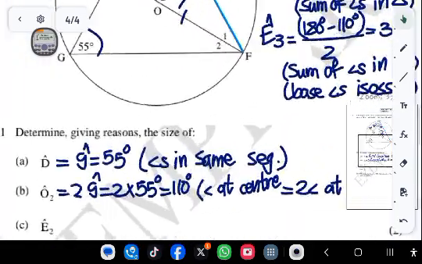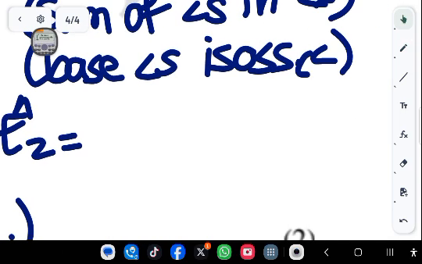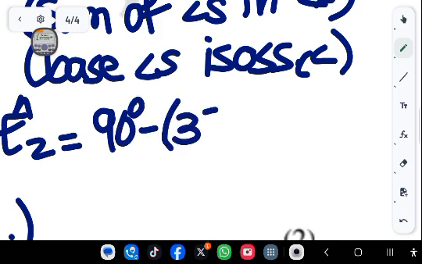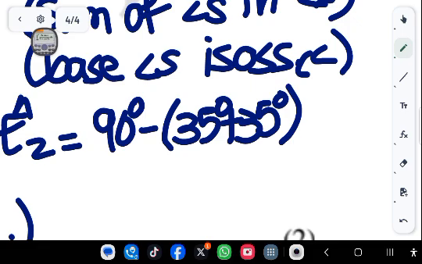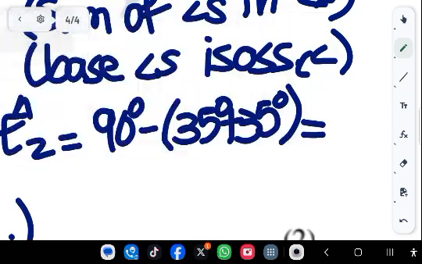Now that leaves us with the remainder, which will definitely be 90 degrees minus these 2. So angle E2 will be equal to 90 degrees minus the sum of these 2, which is 90 minus 35 plus 35, and that gives us 20 degrees.